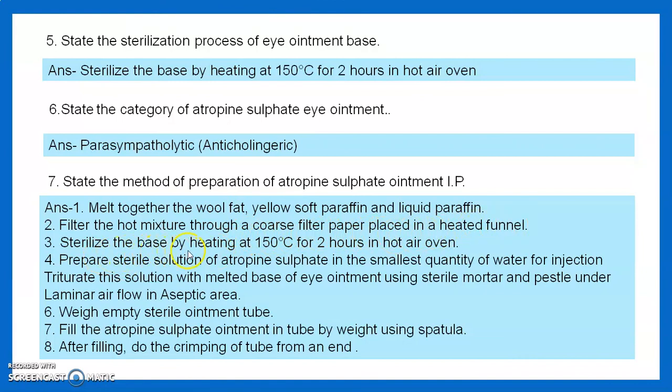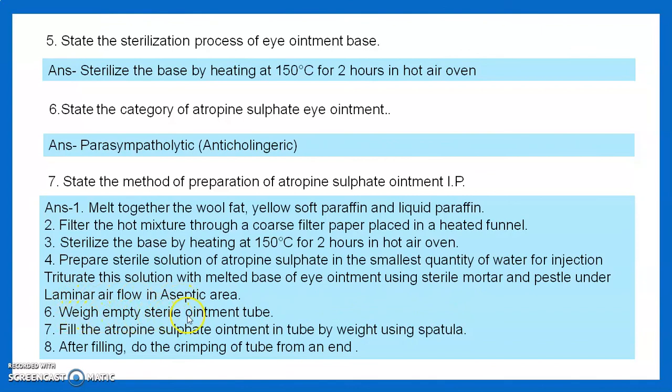Then sterilize the base by heating at 150 degrees Celsius for 2 hours in a hot air oven. Then prepare a sterile solution of atropine sulfate in the smallest quantity of water for injection and triturate it with the melted base of the eye ointment using the mortar and pestle, made aseptic by using laminar airflow.